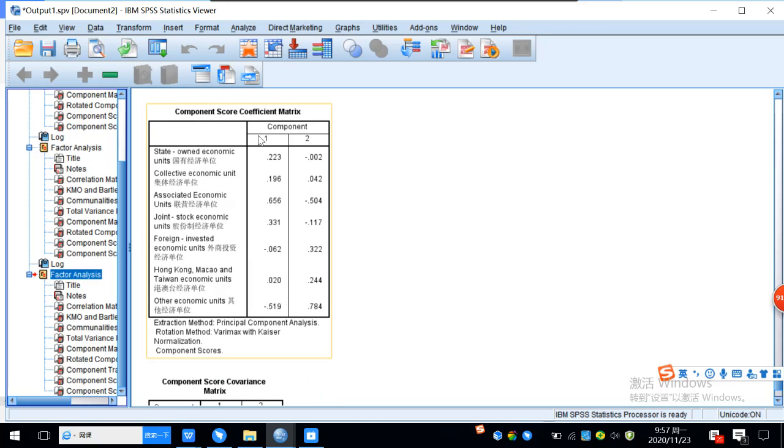Look at here. Here is the component score coefficient matrix.